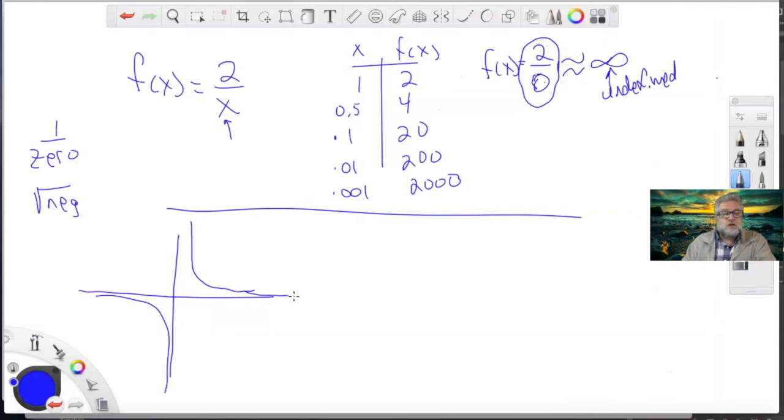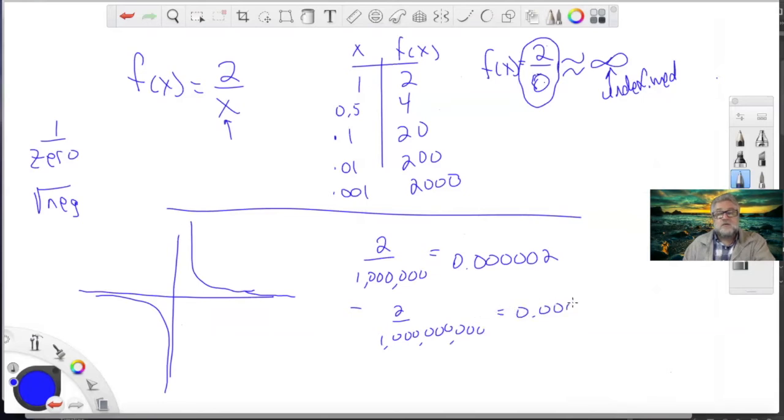And when it goes out here, when I put a really big number in for x, 2 over a million, that's 0.12345. It's pretty close to 0. If I put in 2 over a billion, then that's going to be 0.123456789.